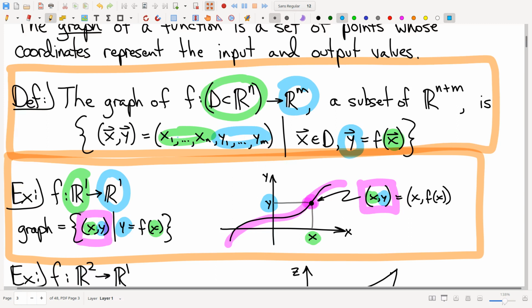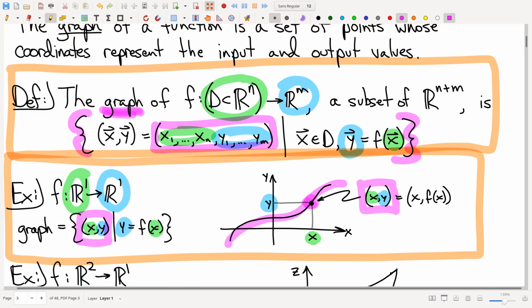And altogether, the graph is the set of all such ordered n plus m tuples, I guess you could say. It's kind of a weird thing when you write it down like that, but this is just the copycat of our single variable notion that y'all already know. Everybody see the analogy? See how this is a natural sort of analogous thing?